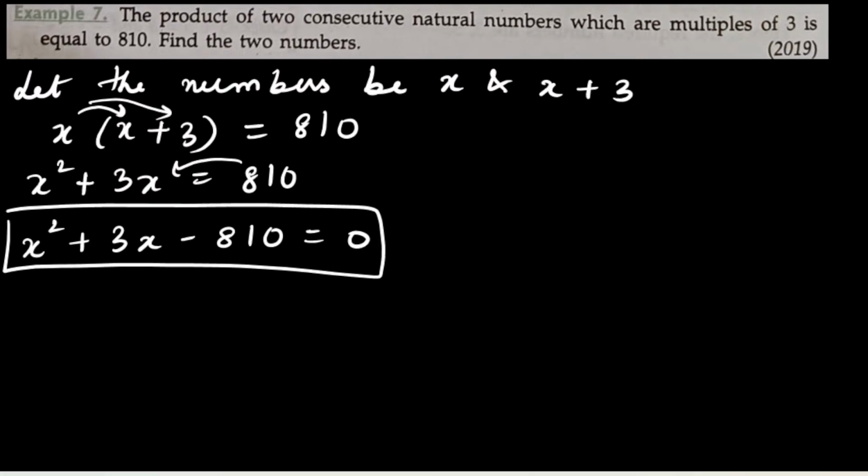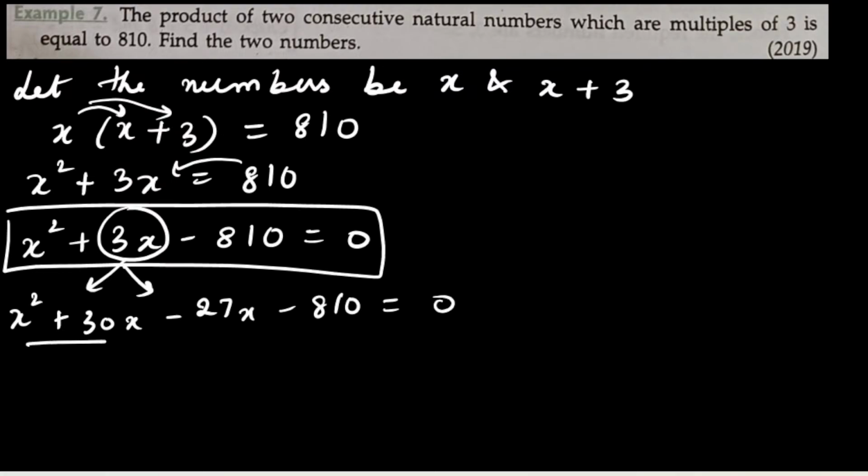Now we can simplify. After the simplification, can anyone tell me the factors? Factors are 30 and negative 27. So x square plus 3x I am splitting as x square plus 30x minus 27x minus 810.